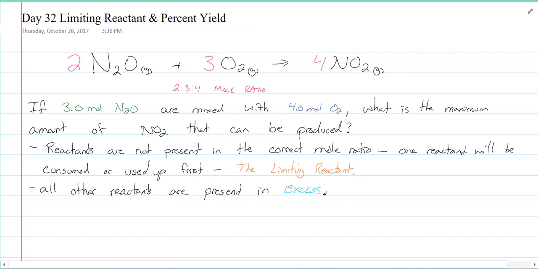We encounter this at home. You're making something. Doesn't matter what you're making. If you're making box brownies, hamburgers, hot dogs, doesn't matter what we're cooking, there's usually some reactant that will be used up first. Chances are it's not your garlic powder. Chances are it's not your ketchup.